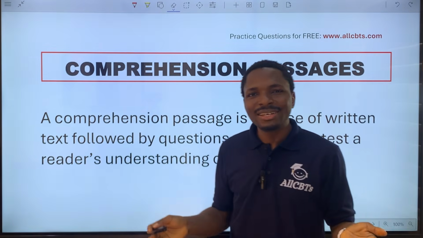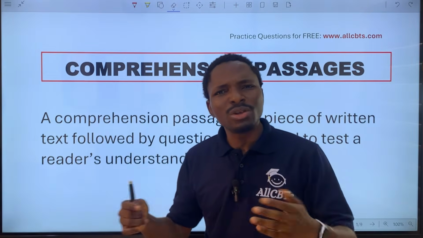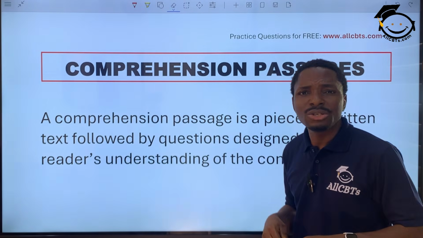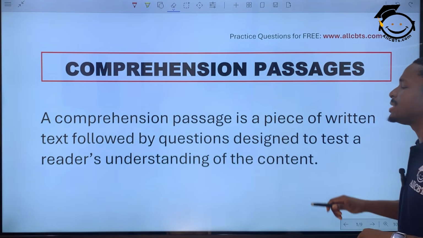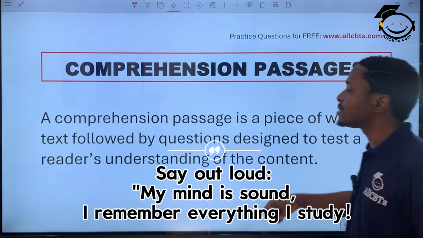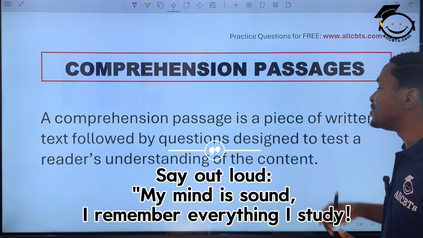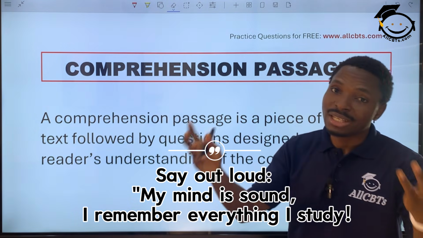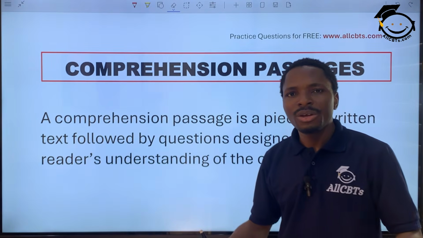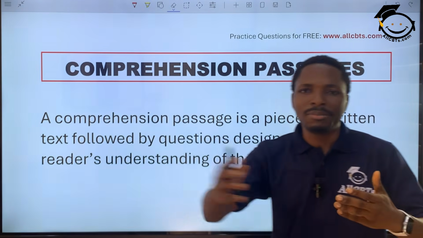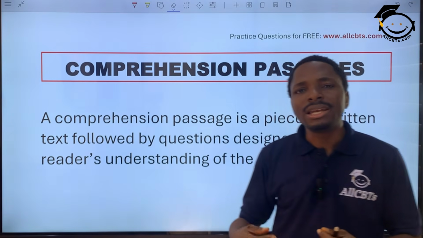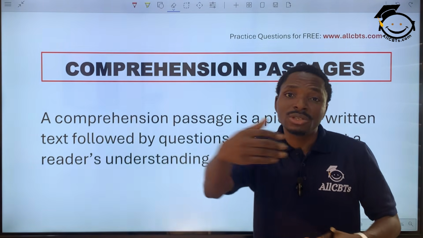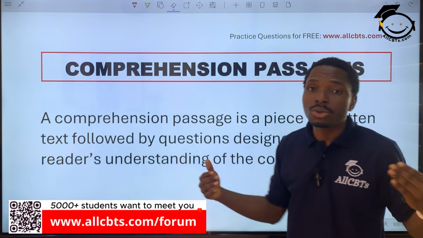You're welcome back. Let's begin from definition. What are comprehension passages and why are they useful in English language? A comprehension passage is a piece of writing text followed by questions designed to test the reader's understanding of the context or the content. So you have a piece, a cut, an excerpt, a paragraph, and then you have questions after that paragraph or excerpt or cut.